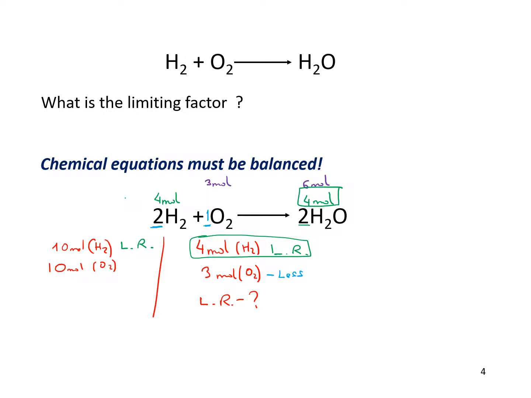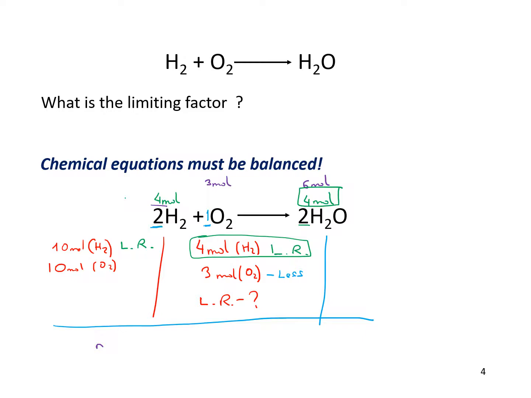One very important thing that you need to pay attention to here. Even though we had less oxygen, right? I have 3 moles of oxygen, I have 4 moles of H2. But my limiting reactant is the hydrogen, because I need to consider the ratio of the reactants. It's not simply 1 to 1.